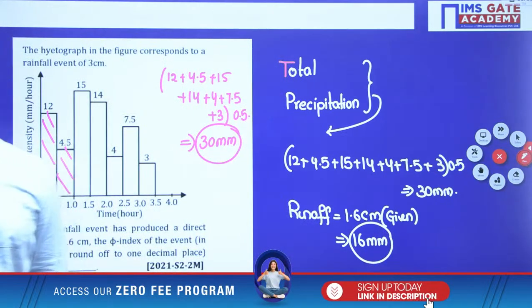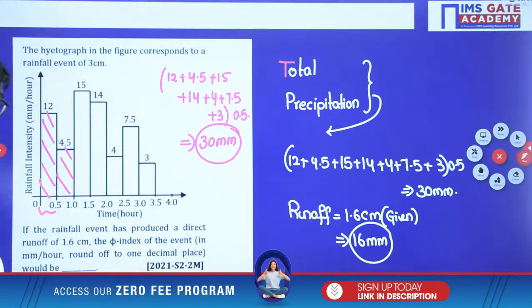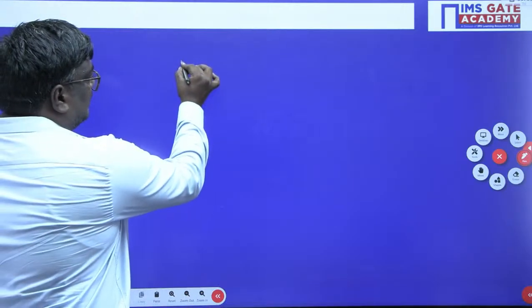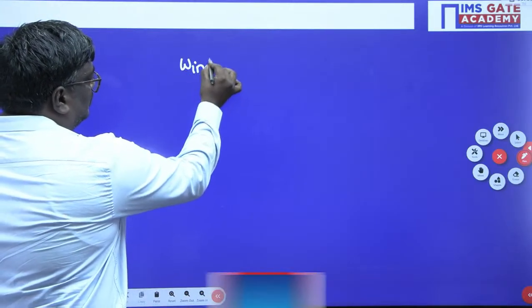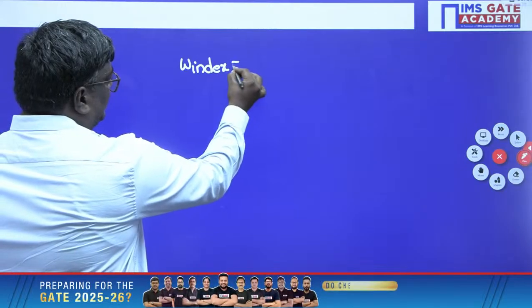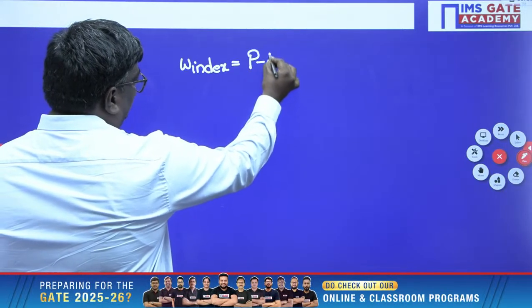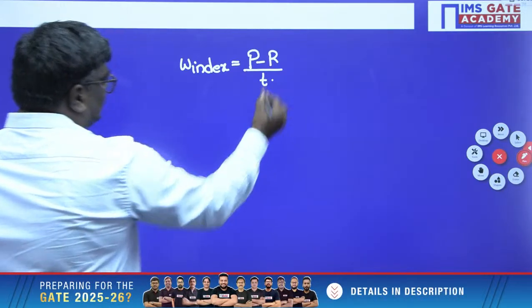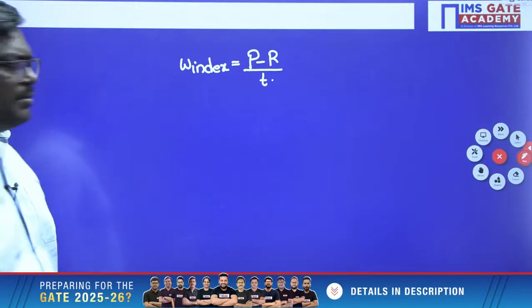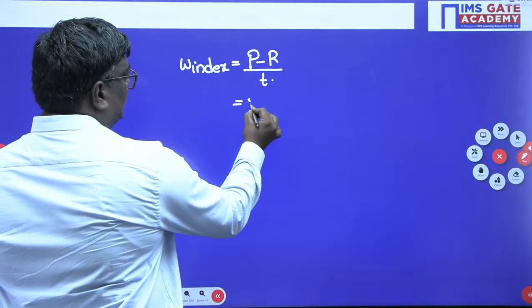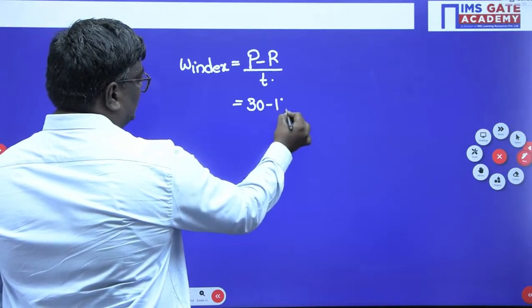Am I clear, students? So here, first let me find out what is the W index. What is the W index? W index is nothing but precipitation minus runoff upon time. So precipitation, how much you got in mm? This is 30 mm. Runoff is 16.